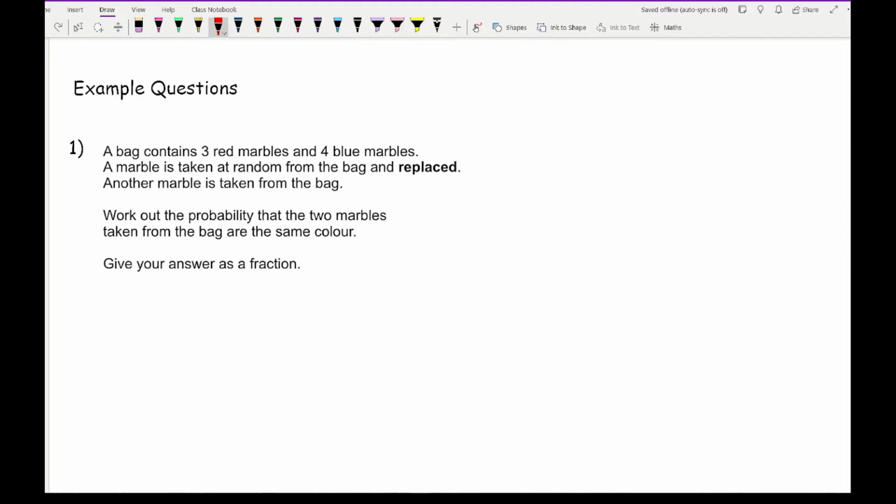So in terms of my first selection, I could either go for a red or I could go for a blue. And then in my second selection, again, I've only got 2 possible options, which are red and blue, red and blue. In terms of filling in the probabilities, the probability of selecting a red is going to be 3 out of 7, and the probability of selecting a blue is going to be 4 out of 7.